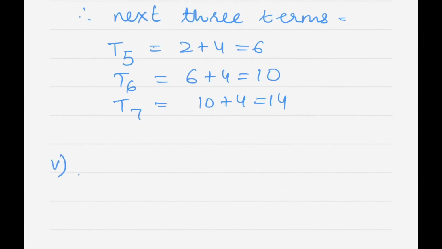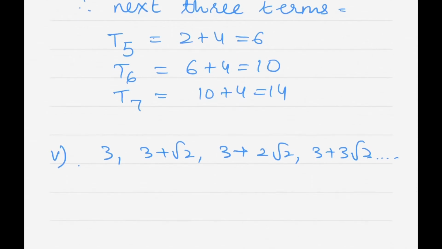In the fifth part my series is 3 plus root 2, 3 plus 2 root 2, and 3 plus 3 root 2. Yes, so I have to find the common difference between the terms. T2 minus T1 will be equal to 3 plus root 2 minus 3. So this gets cancelled, so my difference is root 2.